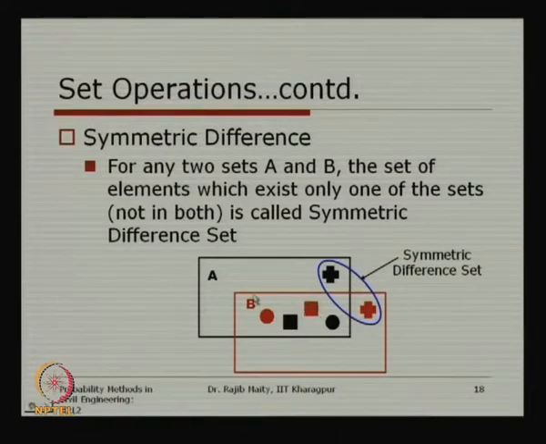There are a few elements which are common to both A and B in this area, and some which are not common, located in this area or this area. If I prepare another set which consists of all the elements that fall either only in A or only in B, that set is the symmetric difference between A and B.